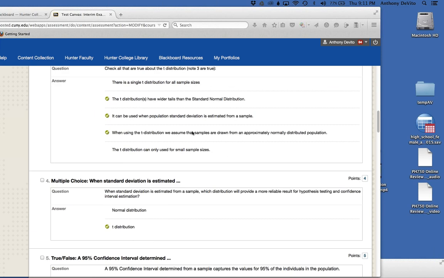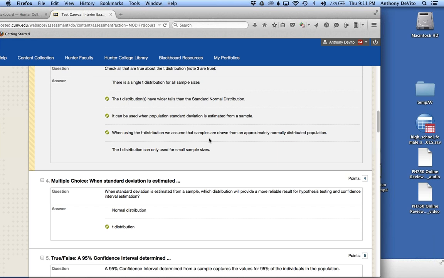When we use the t distribution, we assume samples are drawn from an approximately normal distribution. One of the things we said about the central limit theorem is that when you take repeated samples from the same population, you don't necessarily need a perfectly normally distributed population for the central limit theorem assumptions to work.